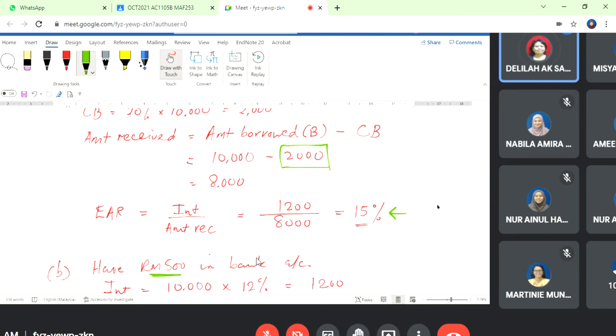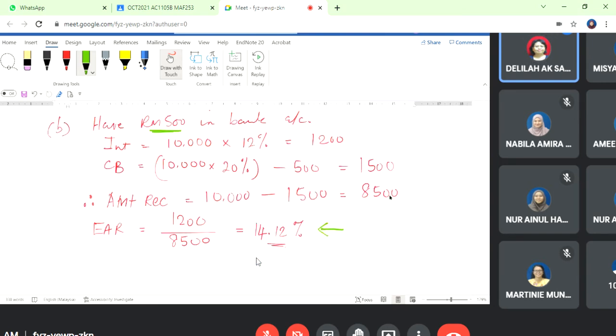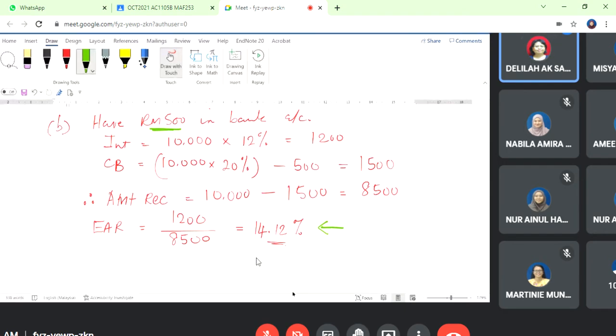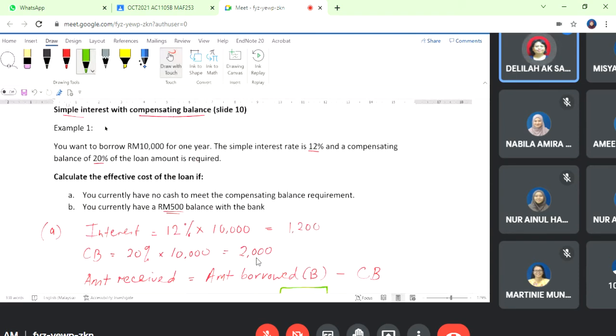That's why the effective cost is more expensive if you don't have any money at all in the bank account. So this is the simple interest calculation with compensating balance requirement.